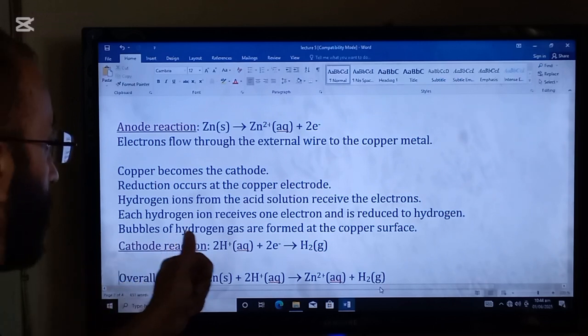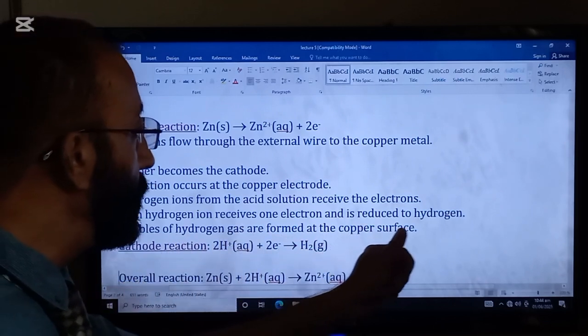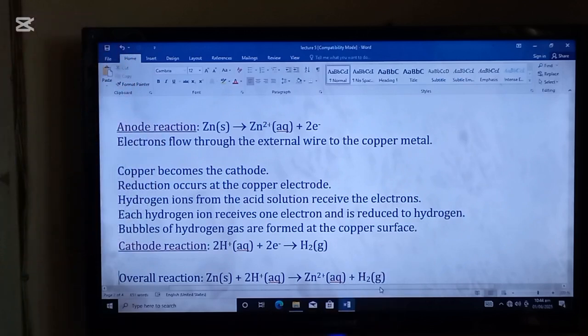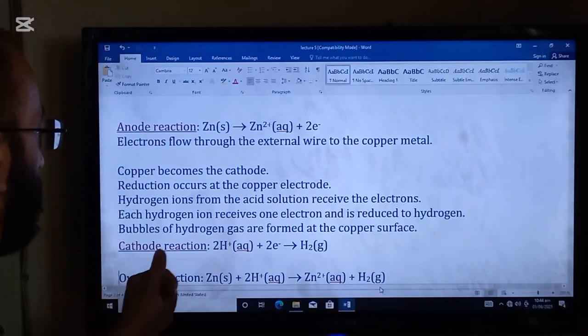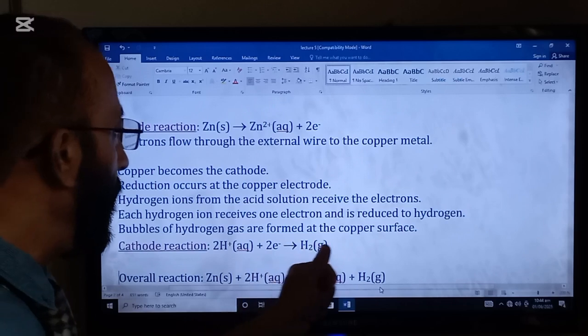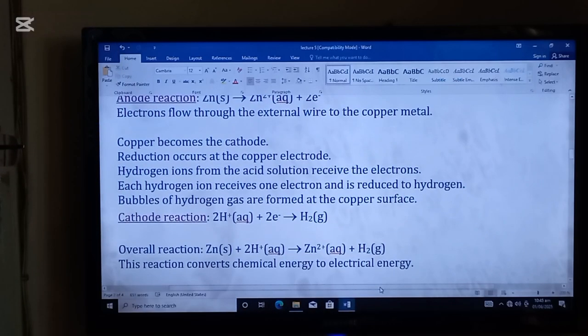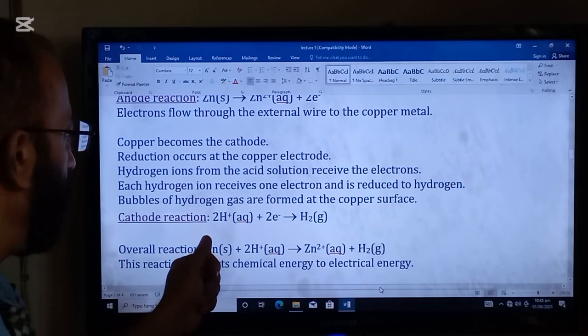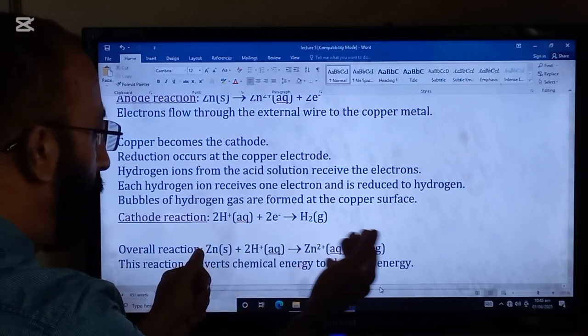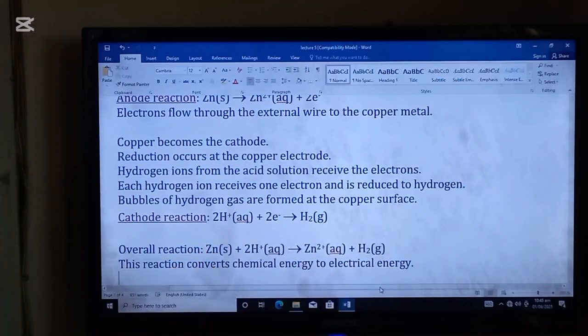Each hydrogen ion receives 1 electron and is reduced to hydrogen. Bubbles of hydrogen gas are formed at the copper surface. And the cathode reaction will be 2H+ plus 2 electrons form H2 gas.